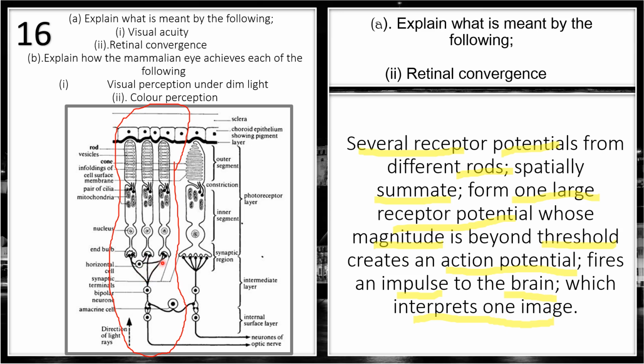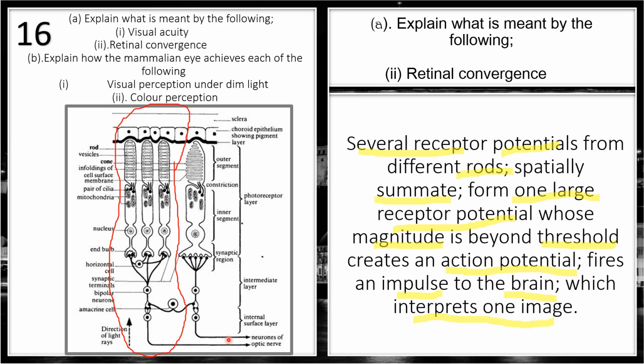Now, when it is above the threshold, an action potential is going to fire an impulse, which is going to be passed through one bipolar neuron and transported to the brain.